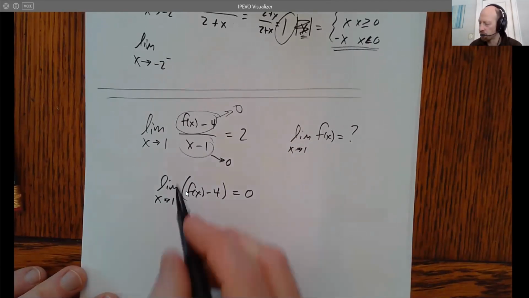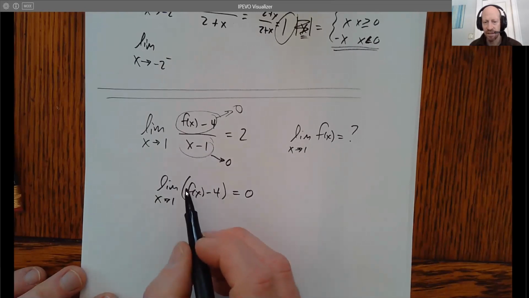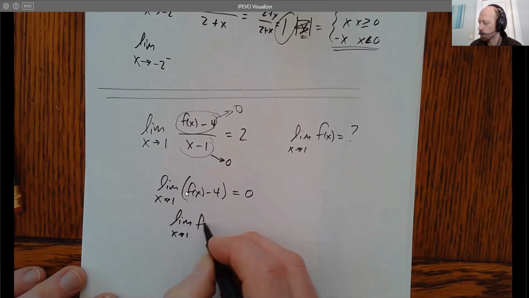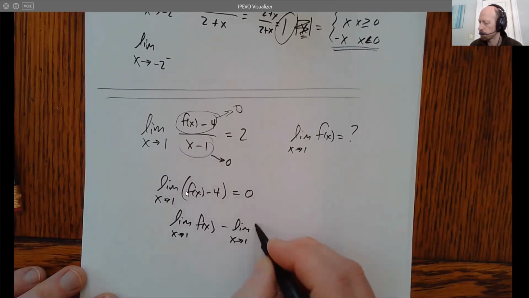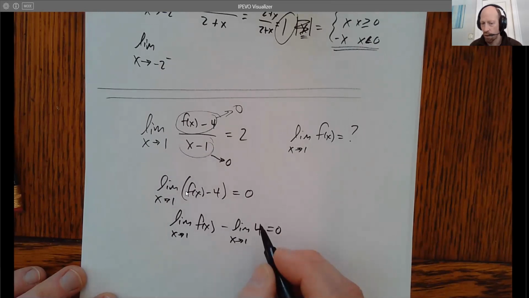And one of our rules of limits is that as long as both the limits exist, I can take the limit of each piece separately. The limit as x goes to 1 of 4 is 4.